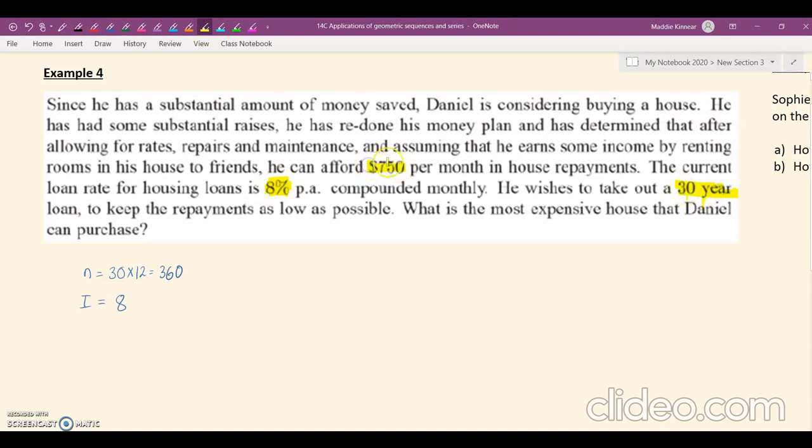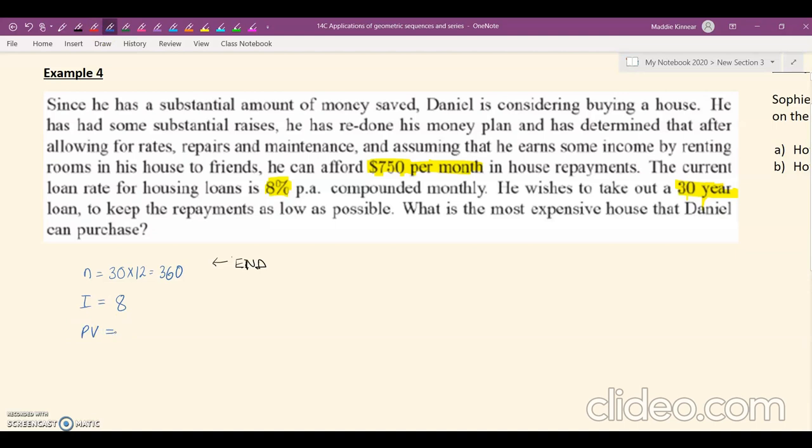We know we're going to pay $750 per month, so that's our payments that we make. Now, just to be crucial, payments with housing loans are made at the end of each month. So we need to make sure that our payment is happening at the end. So when we look at that calculator, we need to move it from beginning to end. So our present value, well, that's how much the house is going to be worth.